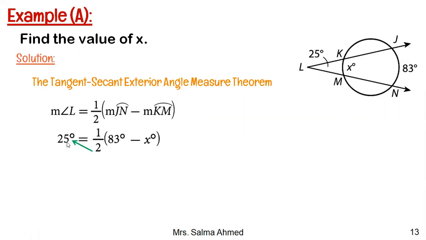So 2 times 25 gives me 50, equals 83 minus x. Then I'm going to move 83 to the other side with a negative sign. So 50 minus 83 gives me negative 33, equals negative x. I can cancel the negative from both sides, so x equals 33. So the measure of arc KM is x, which is 33.